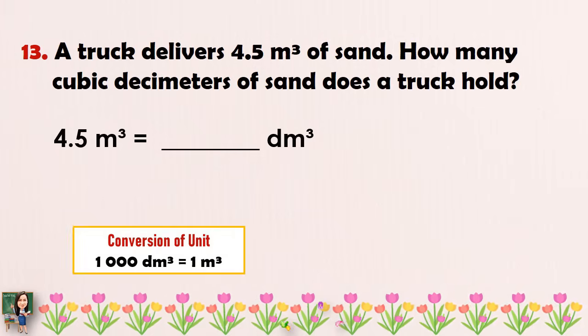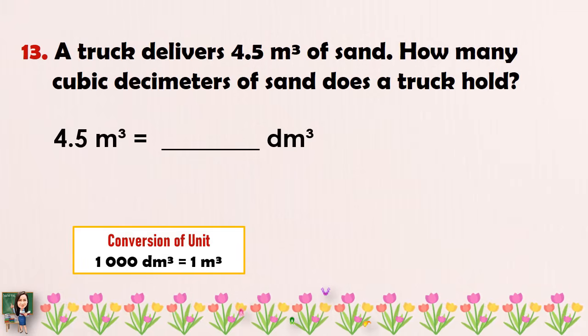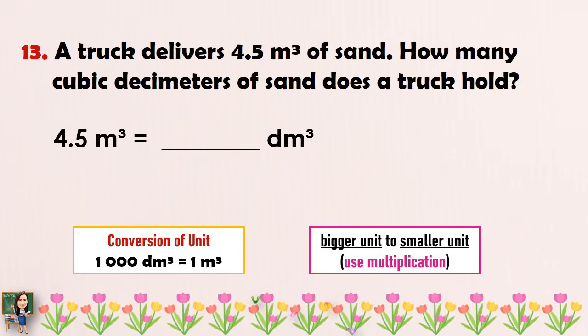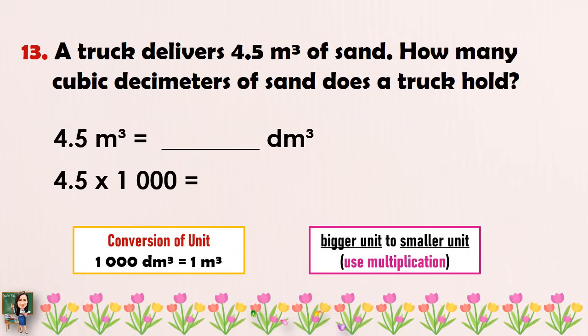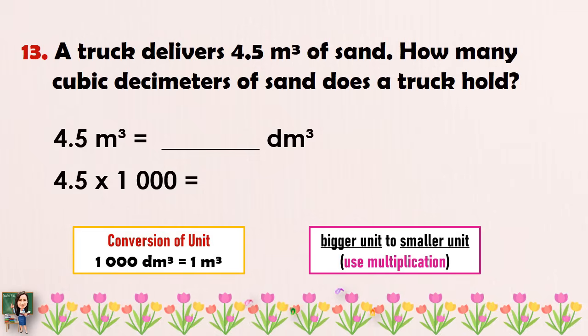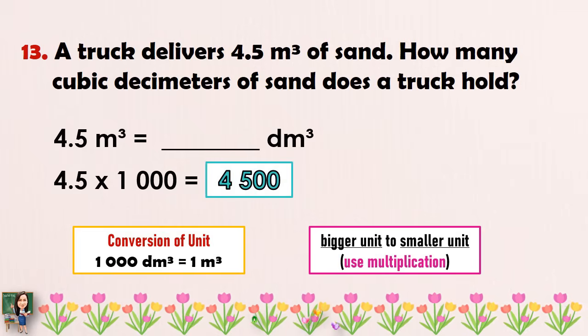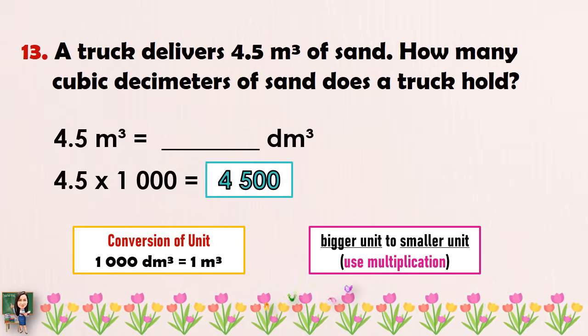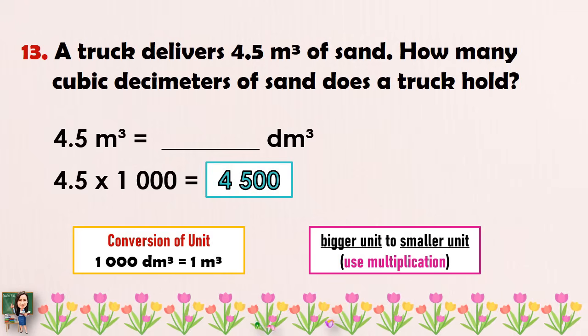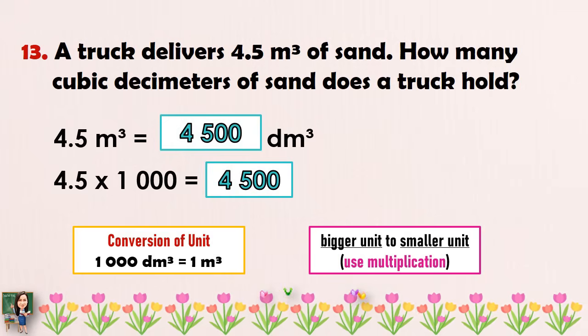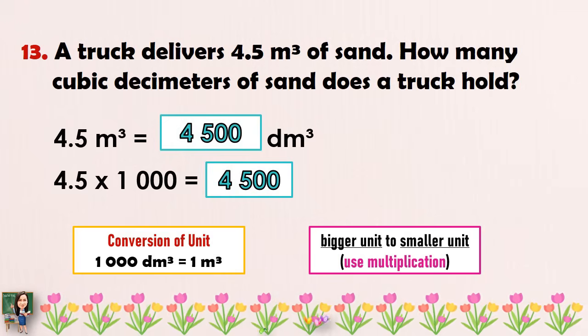Remember, 1,000 cubic decimeter is equivalent to 1 cubic meter. To convert bigger unit to smaller unit, use multiplication. 4.5 times 1,000 equals 4,500. So therefore, 4.5 cubic meter is equivalent to 4,500 cubic decimeter.